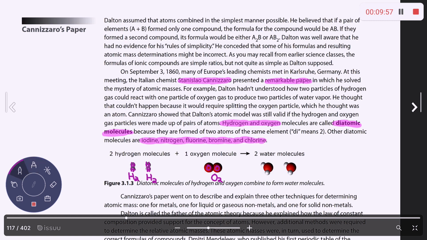Now, there are 2 different ways that make it easier for you to remember which ones are diatomic. On your periodic table, there is an upside down L. This is showing you the elements that exist as diatomic elements.